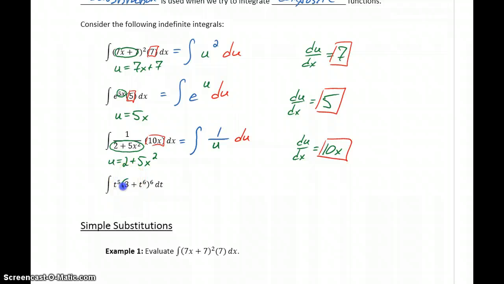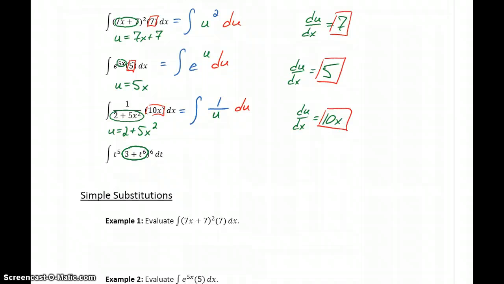In our last example, before we get into how we actually set up this integration process and evaluate these integrals, we notice that we've got 3 plus t to the 6th being plugged into something to the 6th power. So that interior function is 3 plus t to the 6th. The derivative of that expression is going to be 6t to the 5th.